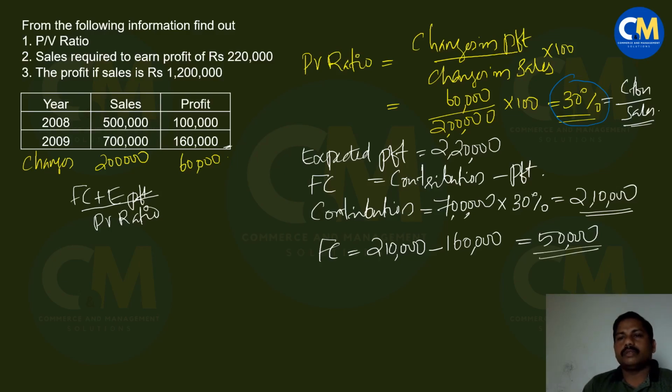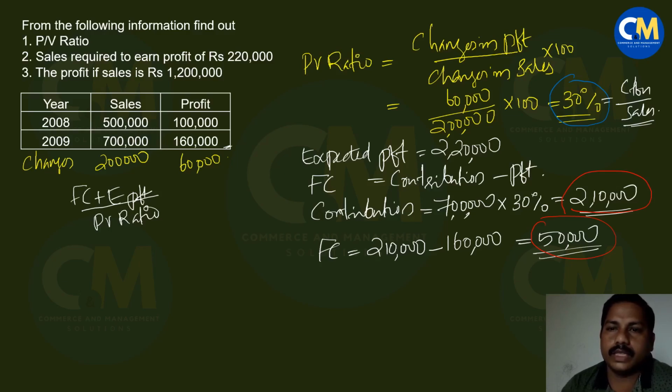Now we have the information required to apply in the equation to calculate the sales required to earn a profit of rupees 2 lakh 20,000. Contribution is not required in this equation. We need only fixed cost, expected profit and PV ratio.